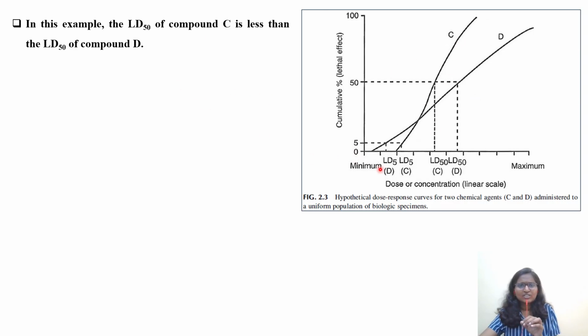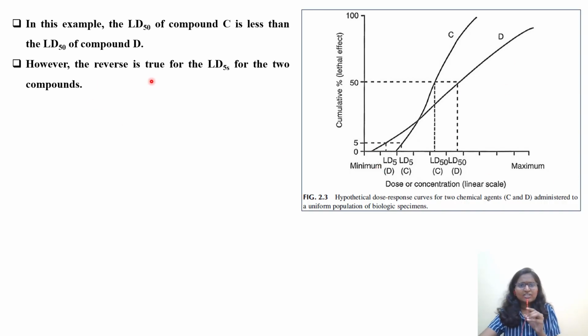LD50 of compound C is less than LD50 of compound D. How will we see it? Here is the dose for chemical C to cause 50% mortality. If you look at chemical D, in order to produce 50% mortality, the dose will be here. So LD50 of compound C is less than that of compound D. So compound C is more toxic than D.